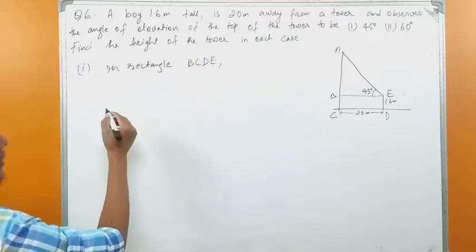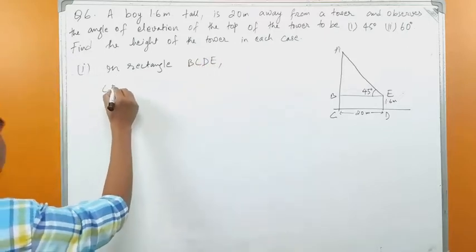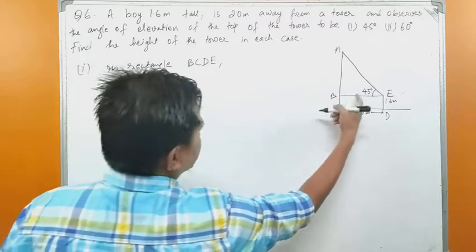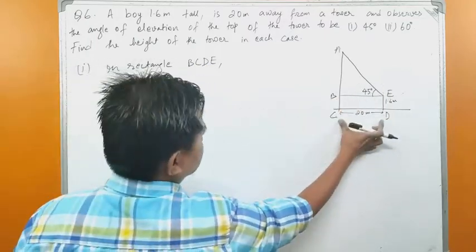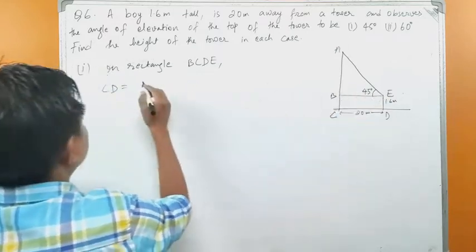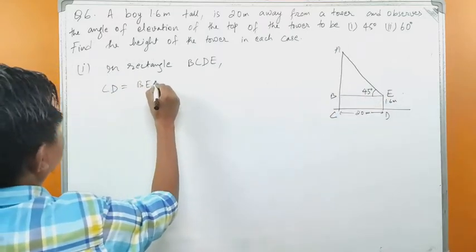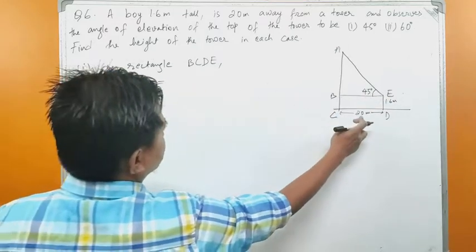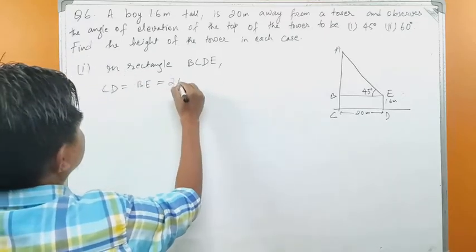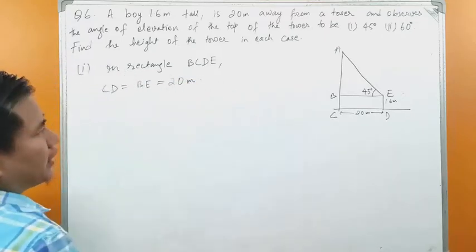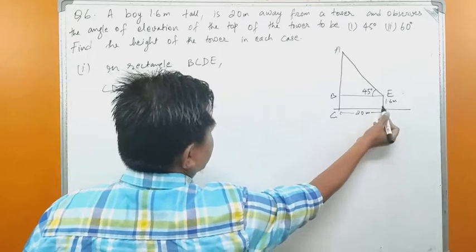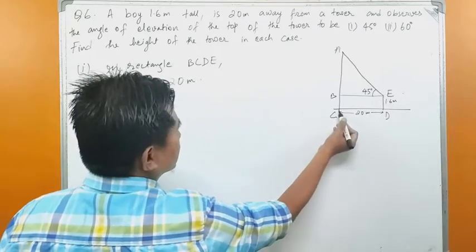you can see CD equals BE. This CD length should be equal to BE. BE equals 20 meter. This is given. And ED is the height of the boy, which is equal to CB.